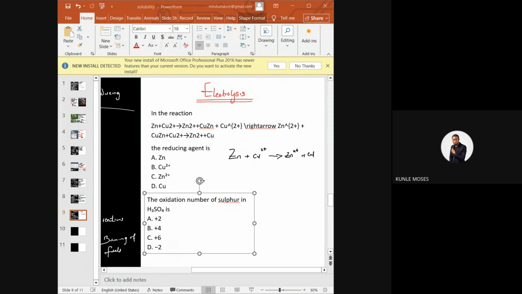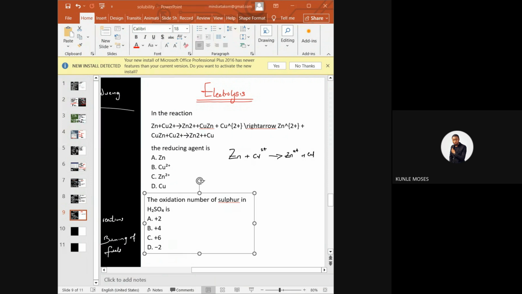Do you have any hard question in your past questions on oxidation and reduction? I'm trying to look for a question, but the ones I'm seeing here are easy. There's a question here: which of the following is an oxidizing agent? A, carbon monoxide, CO. B, hydrogen gas, H2.